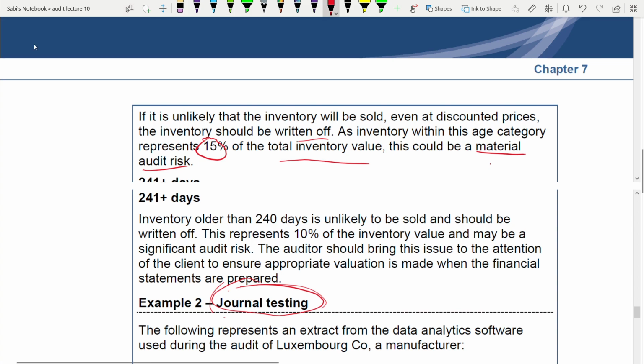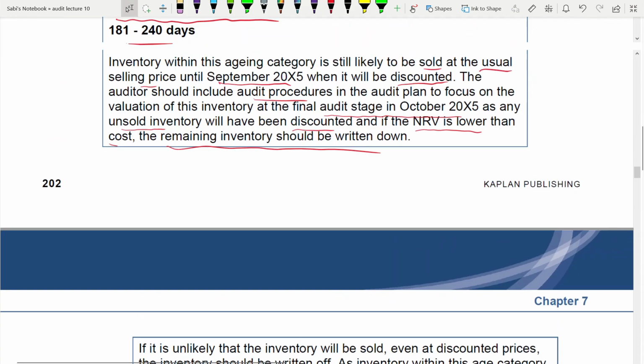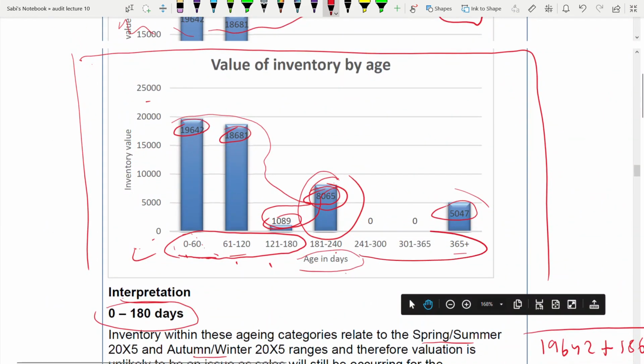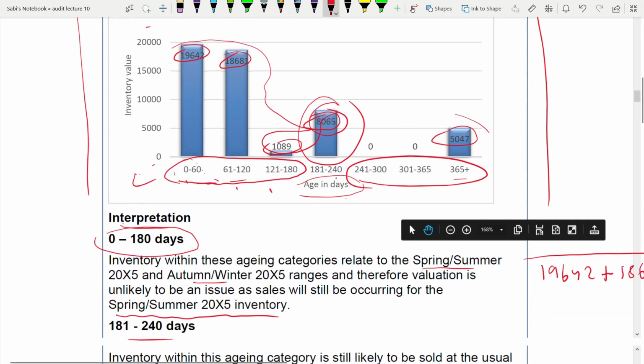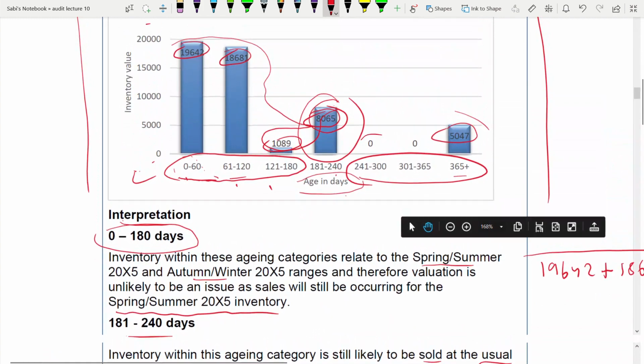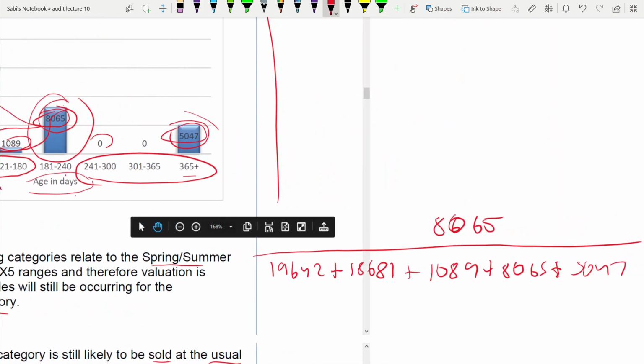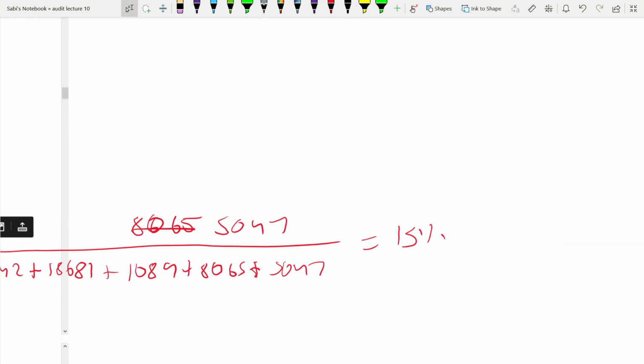Now we are moving on to 241 days plus. That means all this. So these two are 0, nothing to talk about, only this one, 5047. Now we are going to do it the same way. Take this and find this proportion. You'll be getting 9.6, but they are taking a round figure, 10%.